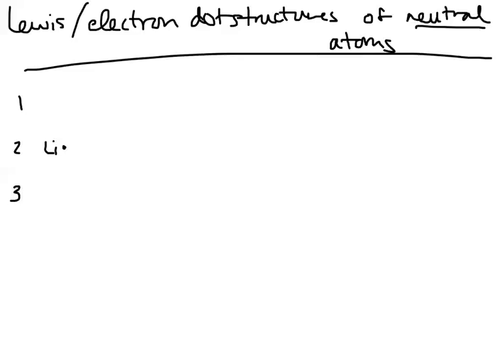How many electrons does beryllium have? 2. You can put the second dot on any of the other 3 sides, but it has to be on a different side. Because as we add electrons to these orbitals, they kind of want to space out.